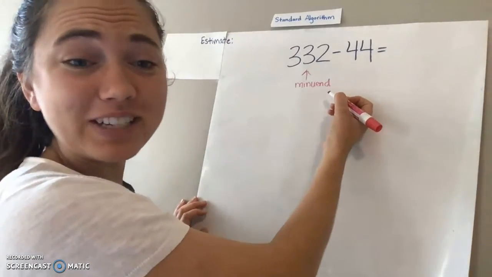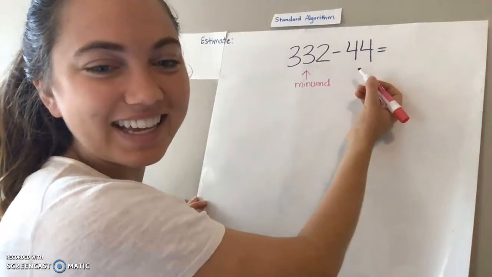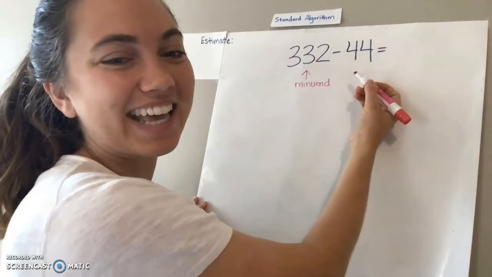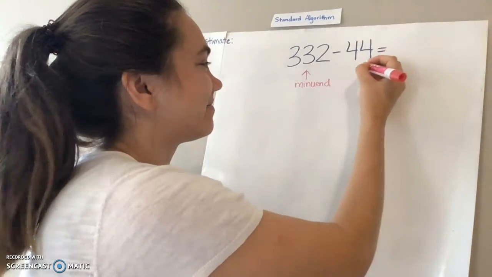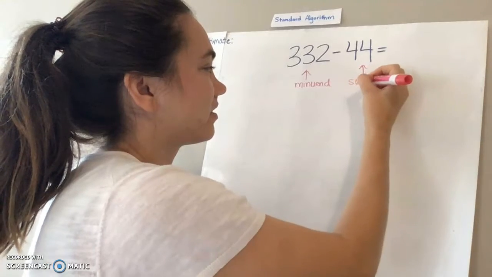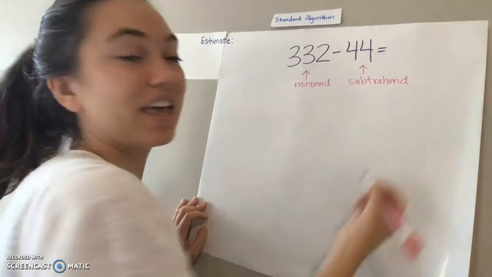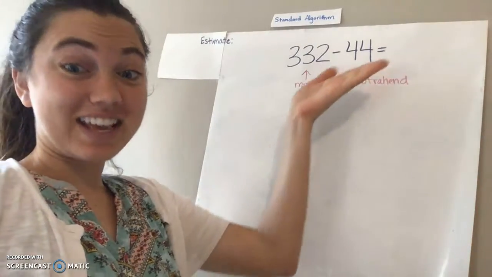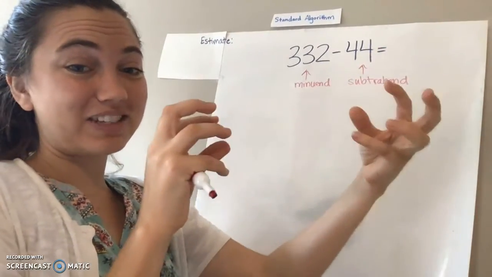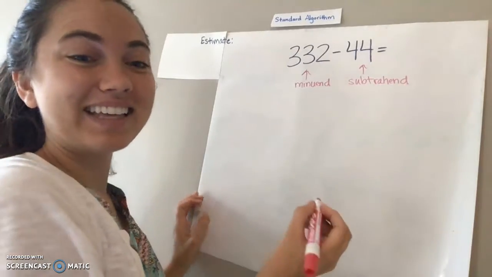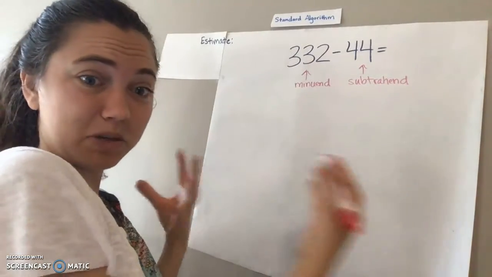And the amount we are taking away is called the subtrahend. And our final answer, when we take away these two parts, will be called the difference between the two numbers.